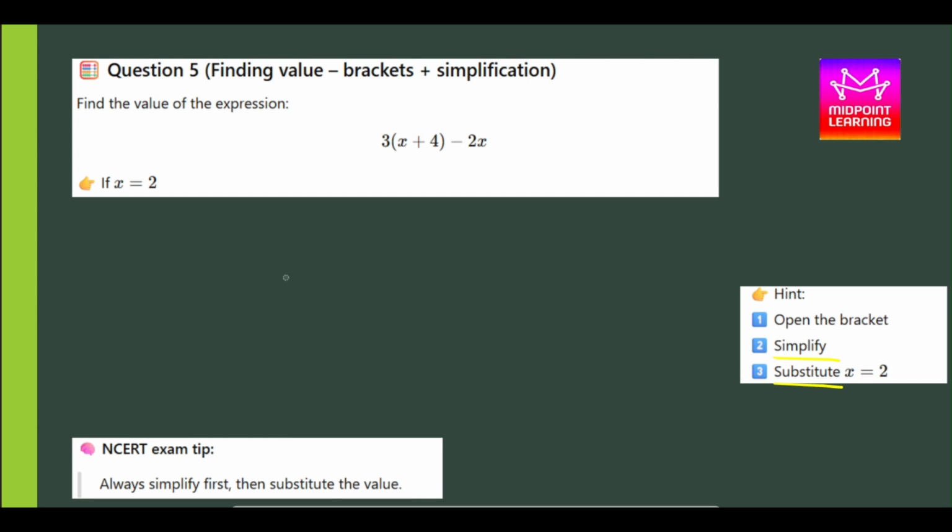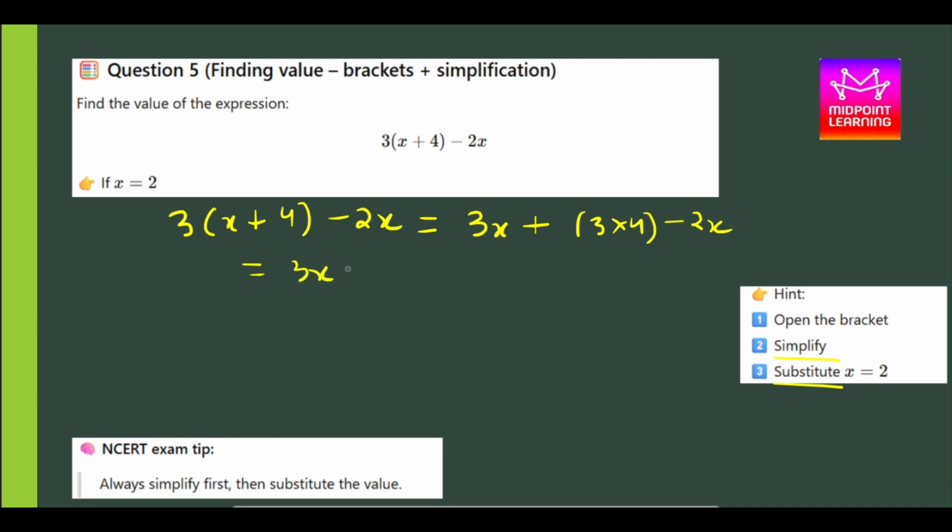Okay, always. So 3 times x plus 4 minus 2x, this can be written as 3 times x plus 3 times 4 minus 2x. So 3 times x plus 3 times 4 is 12 minus 2x.